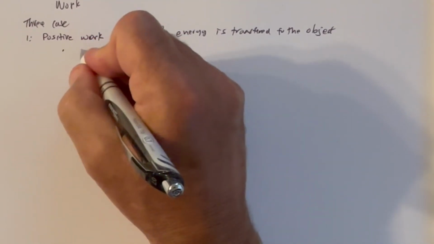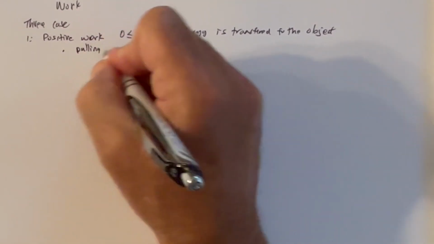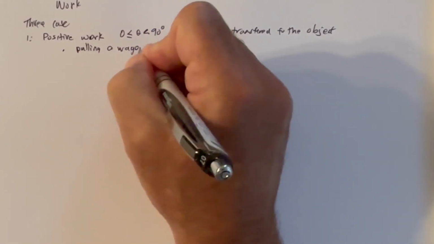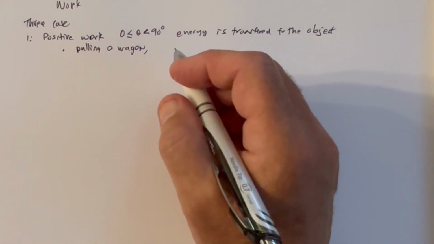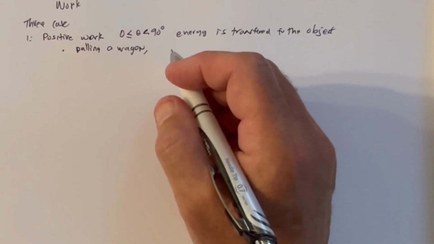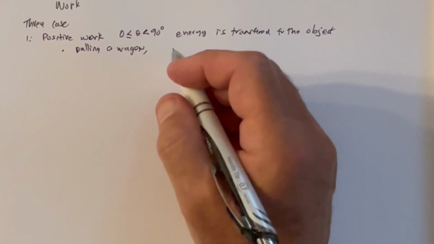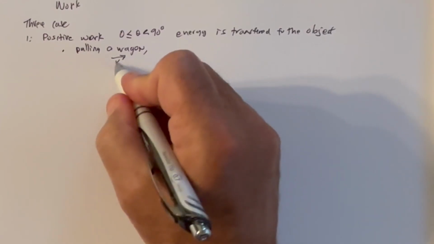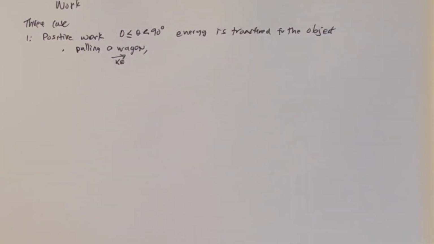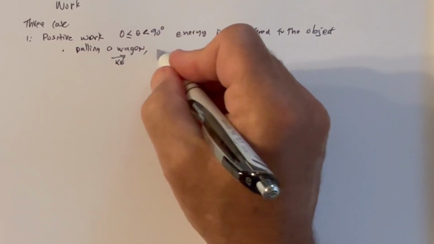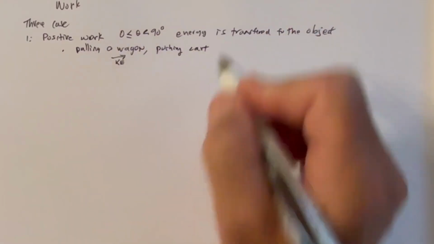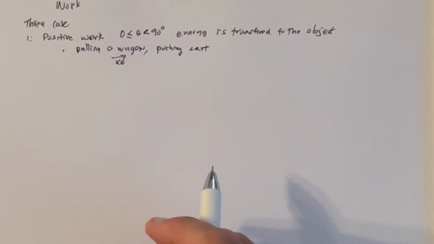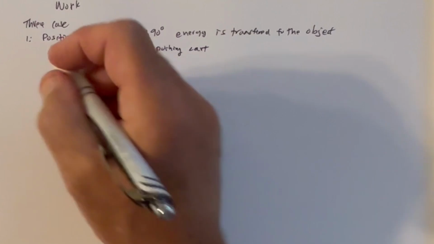And so in this case, it might be pulling a wagon. So if you're pulling a wagon, basically what you're doing is you're giving the wagon the kinetic energy. You're transferring energy from your physiological energy of your body to the wagon. And as the wagon moves, it gains kinetic energy. So that's the change in energy there. Also might be pushing a shopping cart. You're making the cart and whatever groceries are in there move, and that's adding kinetic energy, so that's a transfer.